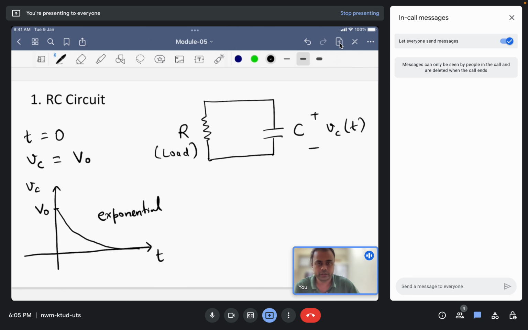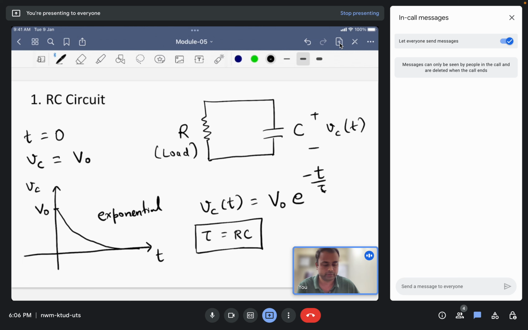I will not go into the derivation. You can look into the assignment and coursework, in which you have already gone through the derivations. So we get the function of this discharge curve, that is Vc(t) is given by V0 times an exponential decay, e to the power minus t by tau, where tau is the time constant, and tau is also given by RC, where R is the resistance and C is the equivalent capacitance of the circuit.